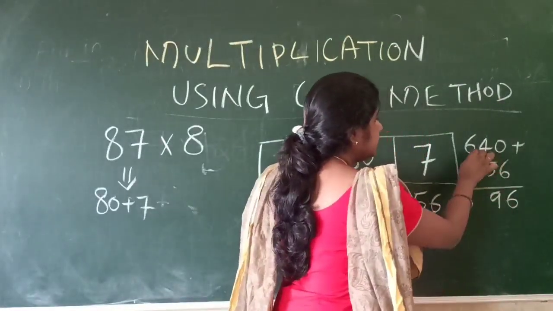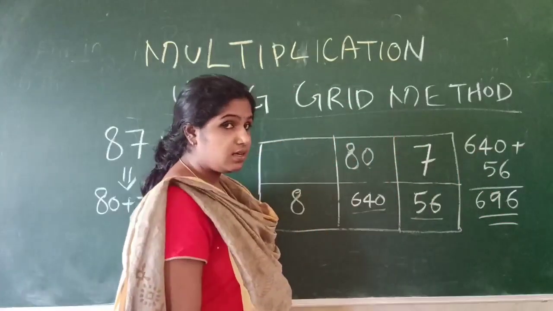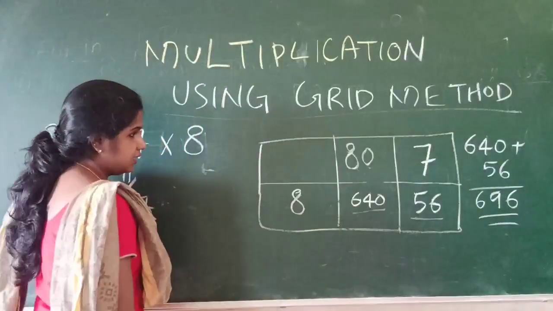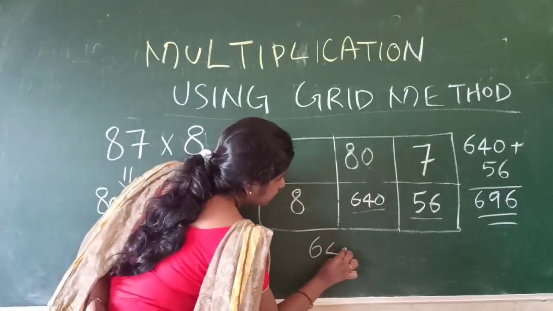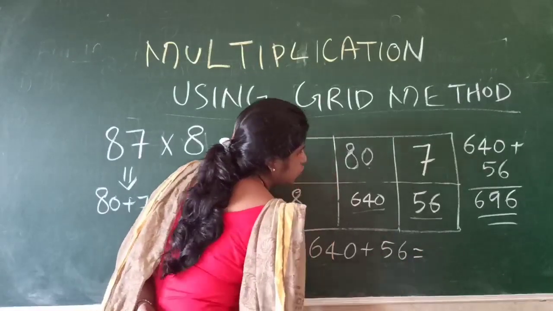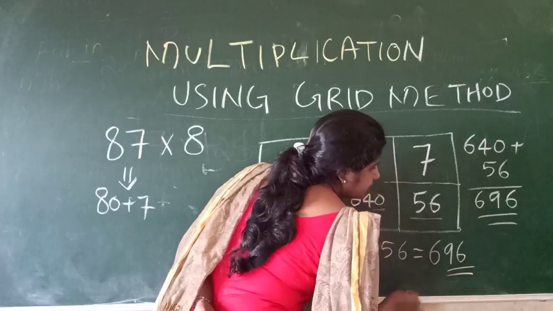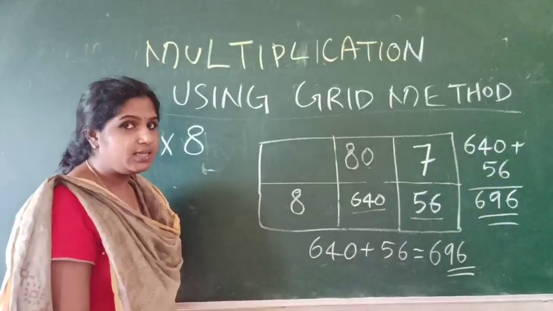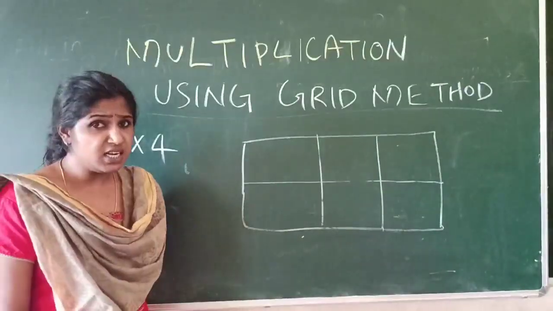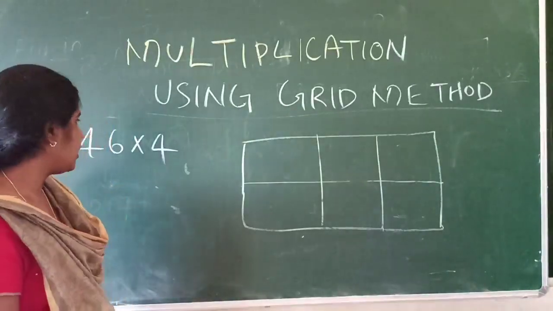Then this 6 we will write it here. So we get the answer 696. So we can write 640 plus 56 equal to 696. Okay, get it?